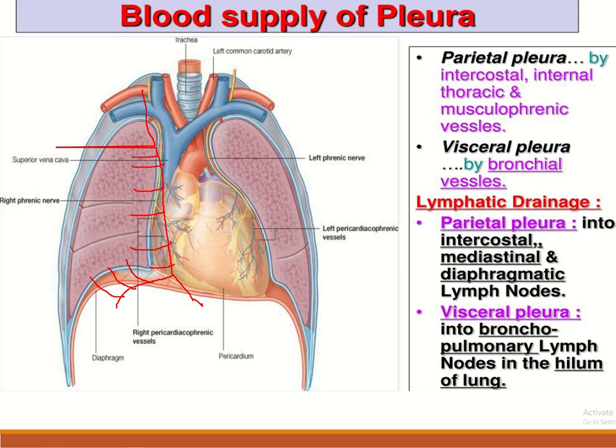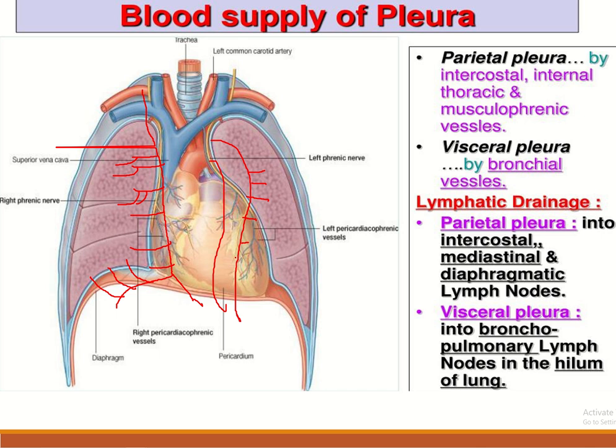So, these arteries supply the mediastinal pleura and diaphragmatic pleura, and the anterior intercostal artery supplies the costal pleura. And this is the arch of the aorta, and posteriorly the descending thoracic aorta. From the descending thoracic aorta, the posterior intercostal artery arises, which supplies the posterior part of the costal pleura.